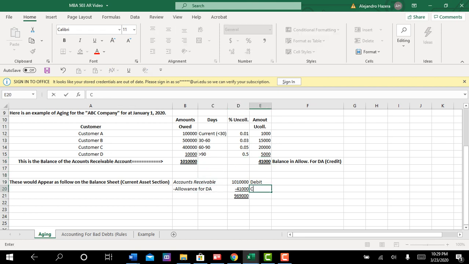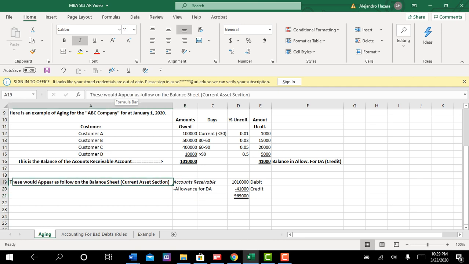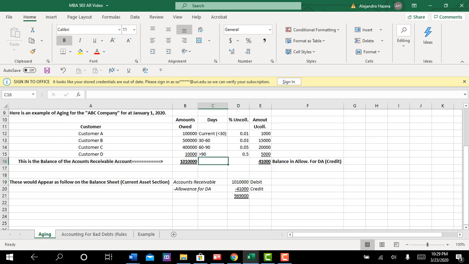And this account, I should have put this in the spreadsheet, this account has a credit balance. So on your balance sheet, like we said, here's your balance sheet. Okay, so on your balance sheet, what you're going to have in the current section is accounts receivable with a debit balance of $1,010,000 less an allowance for doubtful accounts of $41,000, which comes from your aging.